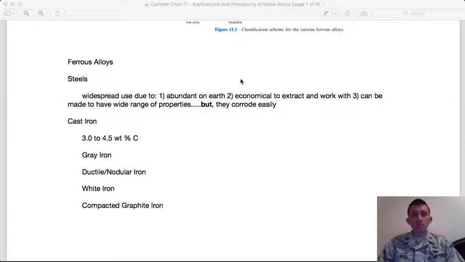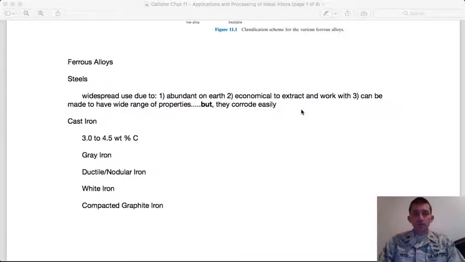economical to work with. There's plenty of it. It's also relatively easy to extract and work with, and can be, and is, very flexible. As we'll see, depending on the impurities and the heat treatments, you can get a wide range of properties.